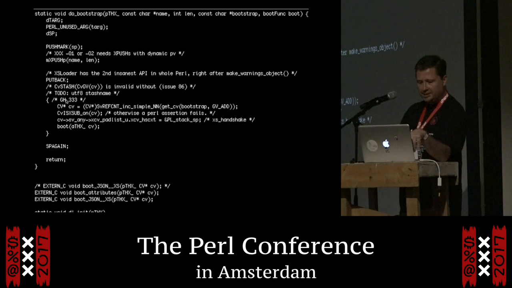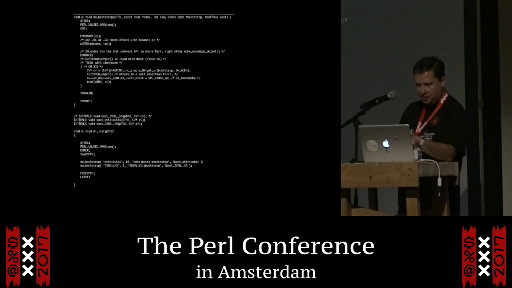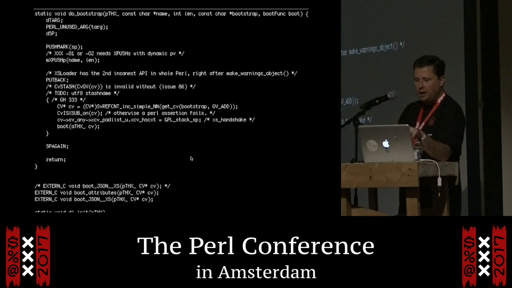Down here is the meat of it. We do this get_cv of bootstrap, which is your string. It goes out and it searches for that string, which in this case would be JSON::XS::bootstrap. So it gets the address of that CV wherever it is in the stash and gives it back to you.